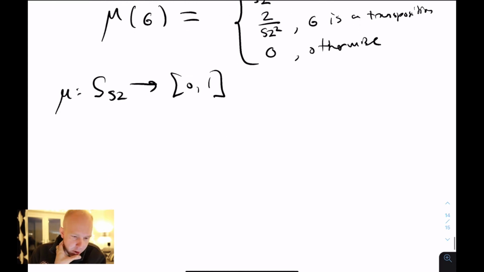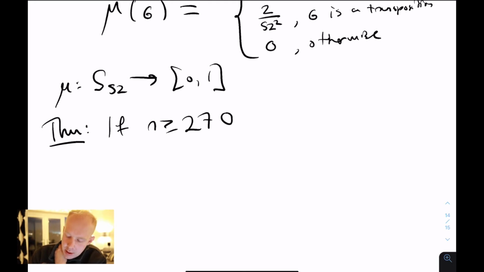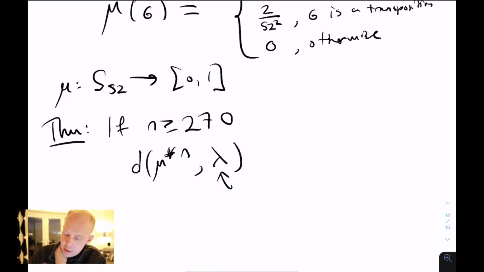And what we would like to prove is this theorem. I state it in this way: if n is at least 270, then if you take the n-fold self-convolution of mu and compare it to the uniform distribution on S52, the total variation distance is at most 1 over 100.